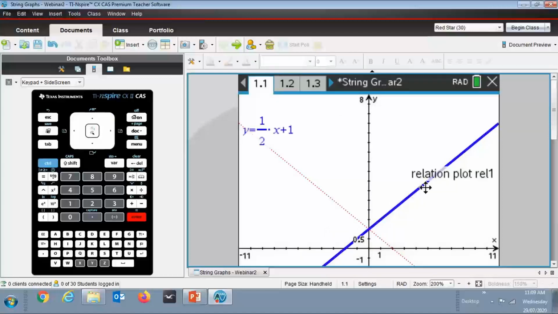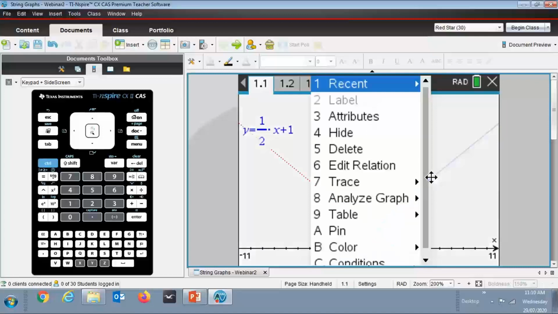We're going to do the same thing with the blue graph. Take the cursor, and remember, moving the cursor, you can use this keypad here on the handheld. Take the cursor over here so that you've got that highlighted. Press Control menu number 3 for attributes.